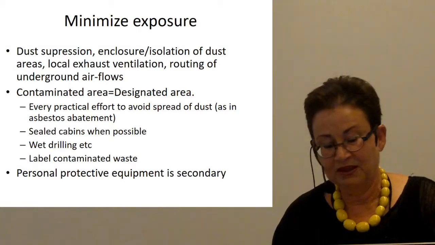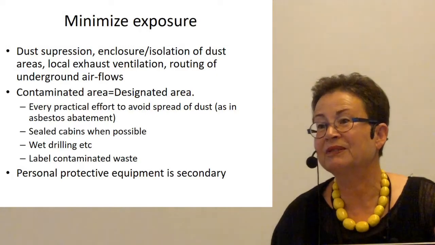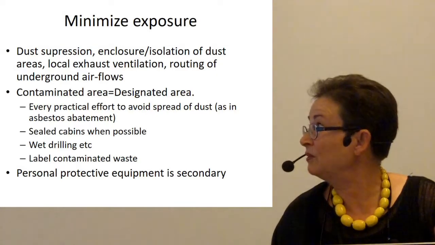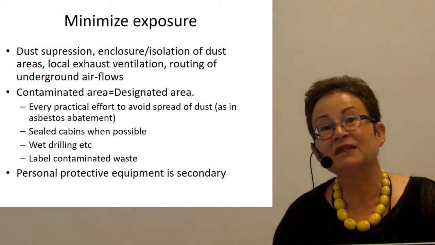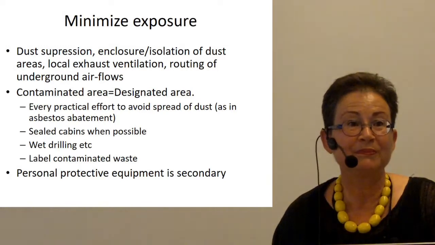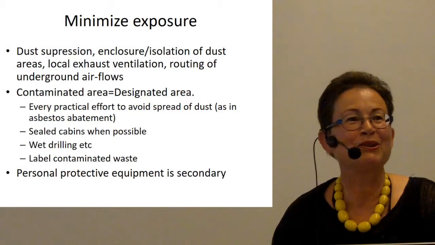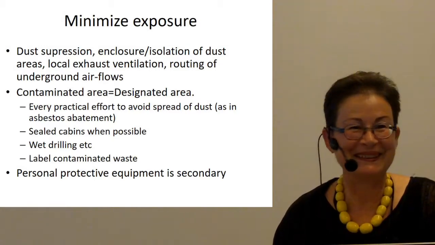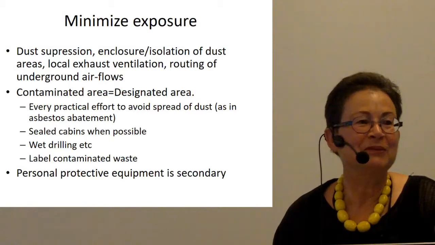And personal protective equipment as a precaution is secondary to all these other measures to reduce exposure. And these are the type of measures listed by the Australian authorities to handle this problem. So it's not the wish list of an occupational medicine physician. And guidelines are available from Australia.